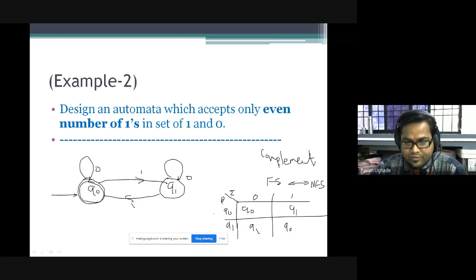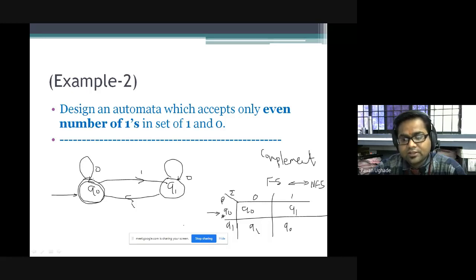Now please try to represent, among these, which are the initial state and final state. So if q0 is the initial state, to represent the initial state we put an inward arrow, as well as this is a final state.